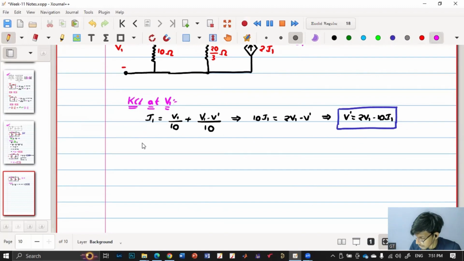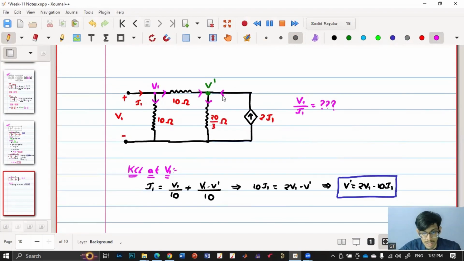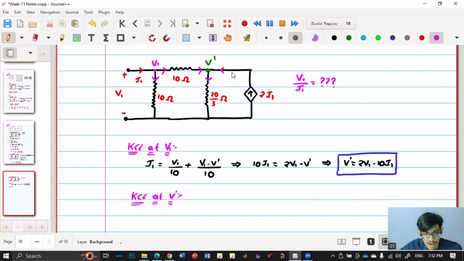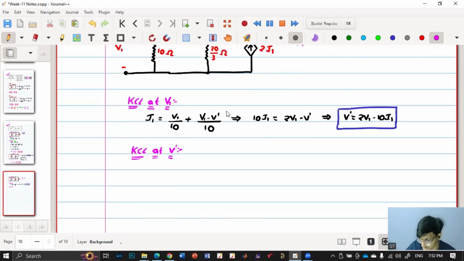Now let us apply KCL at V dash. Then we'll get V1 minus V dash by 10 plus V dash by 20 by 3 plus 2 I1 is equals to 0. So we'll get V1 minus V dash by 10 plus V dash by 10 by 3 plus 2 I1 is equals to 0.